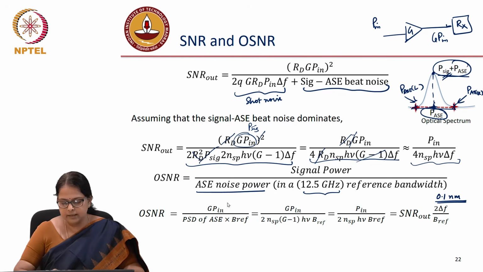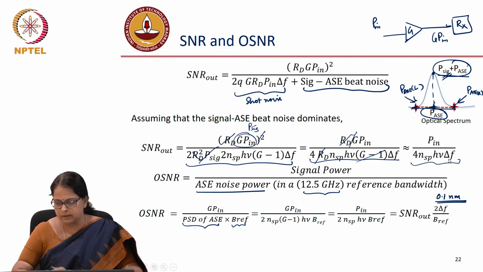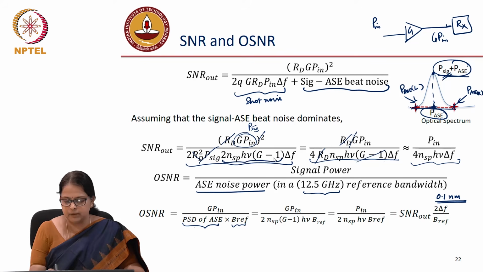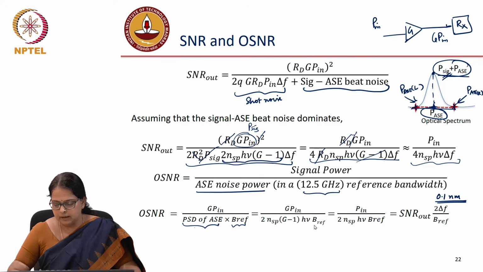So for OSNR, signal power is G times P in, and noise power is the power spectral density of ASE multiplied by the reference bandwidth. The power spectral density of ASE is 2 nsp (G minus 1) h nu, as we knew from before, times the reference bandwidth.